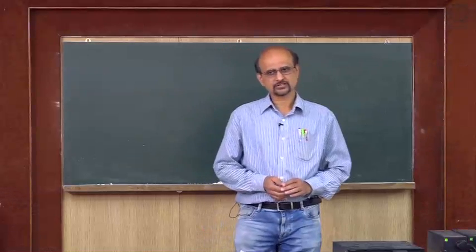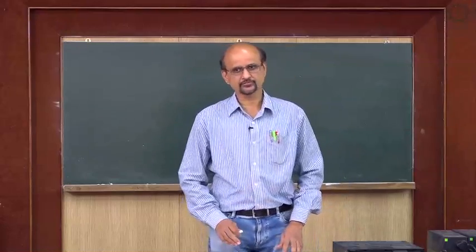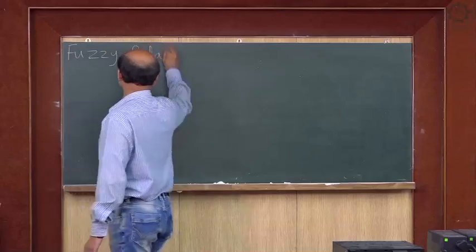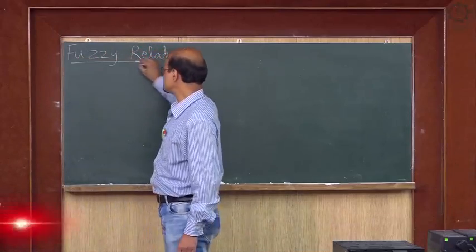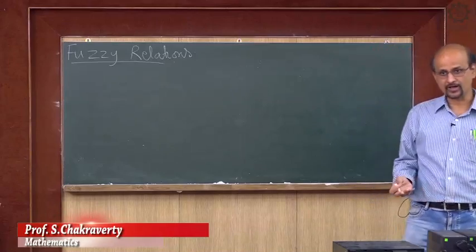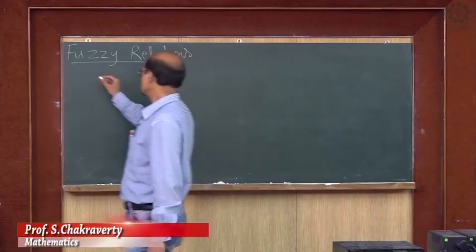So, in the last class we were discussing the fuzzy relations. We defined this fuzzy relation from a product space, suppose x to y, like this.